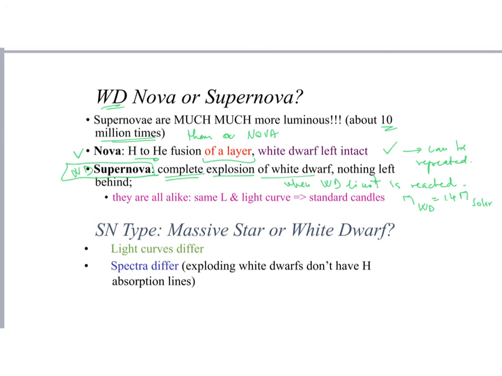And now it is something really important. All of these white dwarf supernovae are all alike. That is, they have the same luminosity and the same light curve. And that's very important that they have the same luminosity. We can actually use them as standard candles to calculate distances.